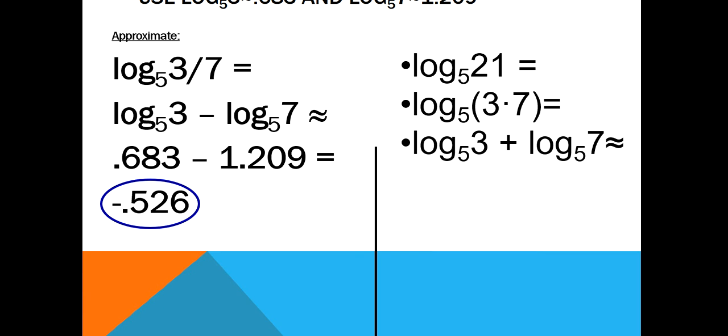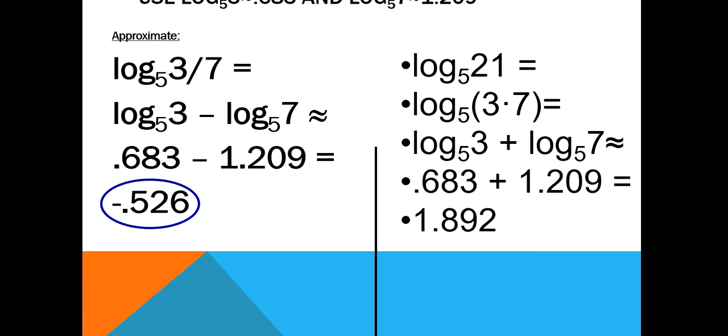And again, since I already have those defined at the top, I can just plug those values in, do a little simple addition, and boom, I get my answer. Okay? So this is basically what this is used for.